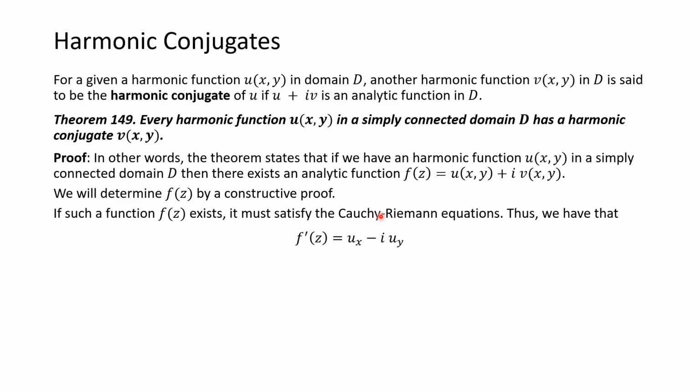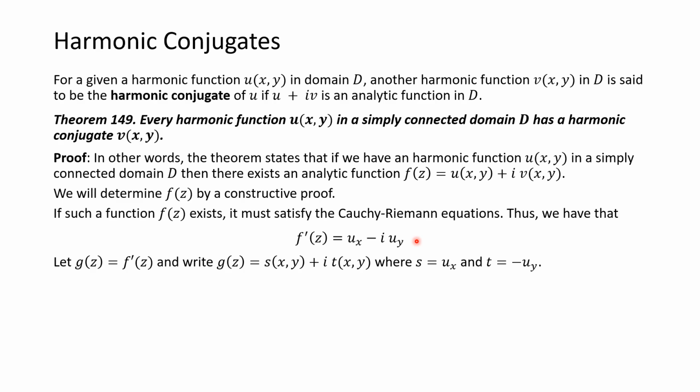And if you recall, when we did the Cauchy-Riemann equations several lessons back, we also stated that the derivative of the analytic function took this form here. We could also write it in terms of v, but we're going to do it this way in terms of u.